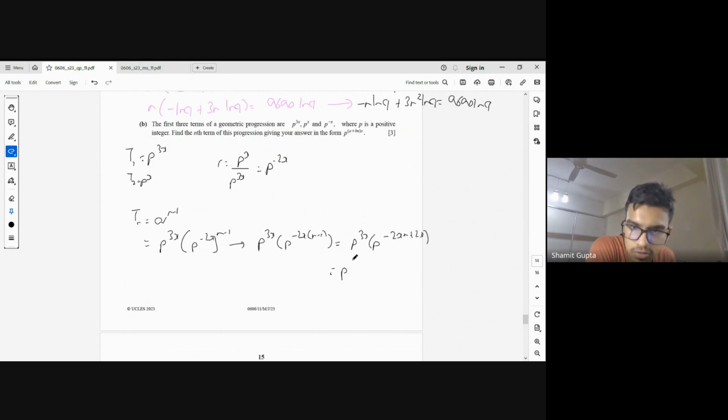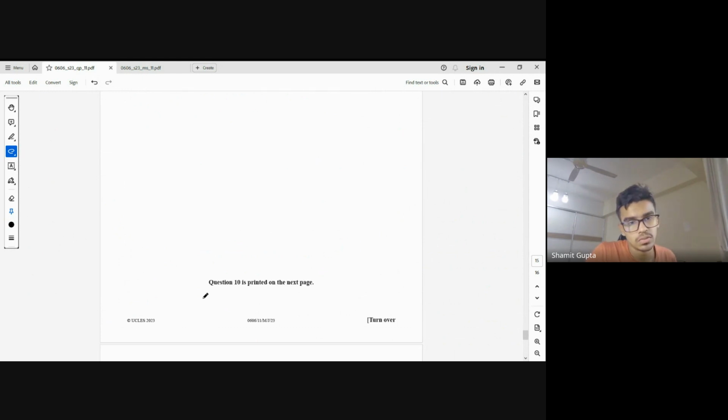We could have added it before also, but I was just waiting to get it in a neater form. p power (5x minus 2xn). I can actually factorize x in the power, which is what they want. p power (5 minus 2n) times x. 5x minus 2xn. Yeah. So a is equal to 5 and b is equal to negative 2. So this is what I'm getting. Okay, GG.